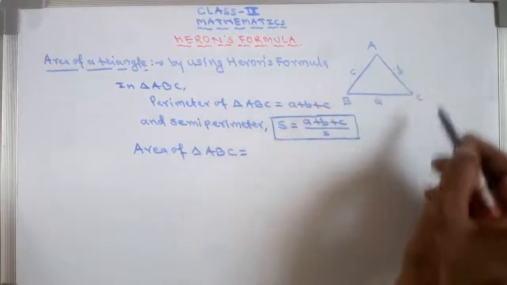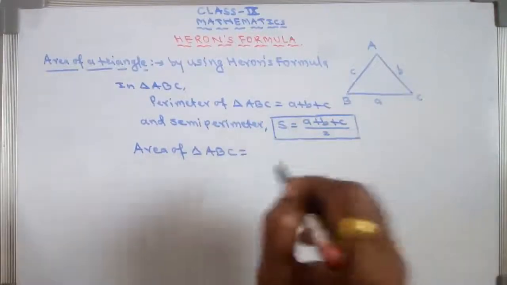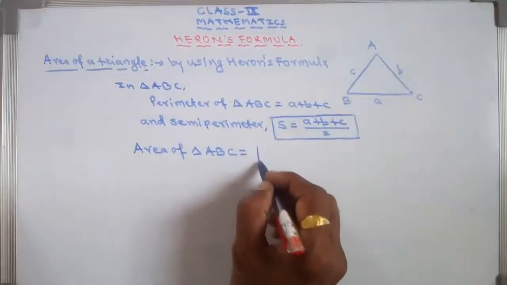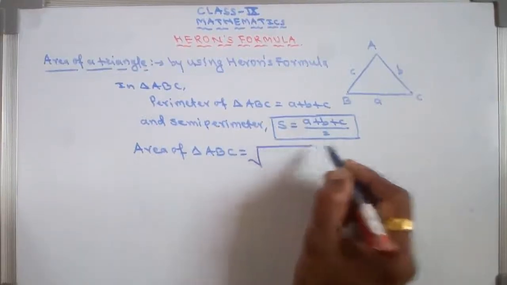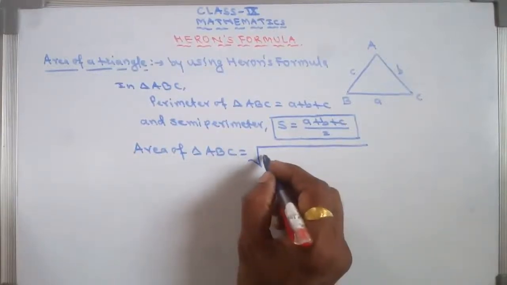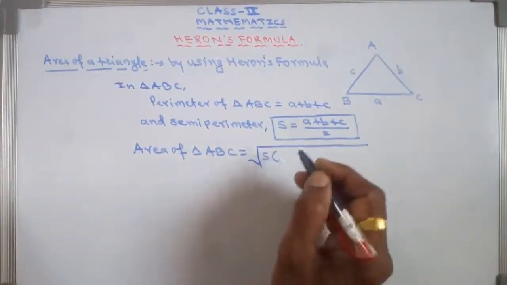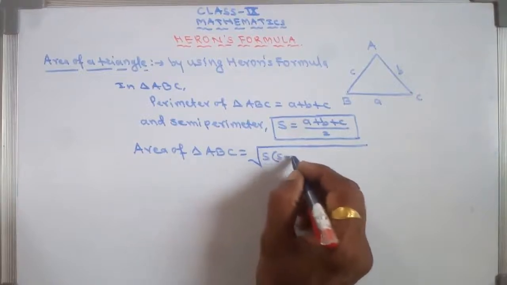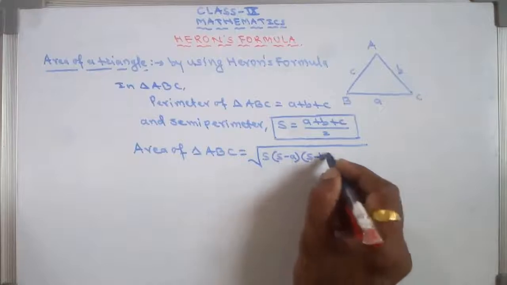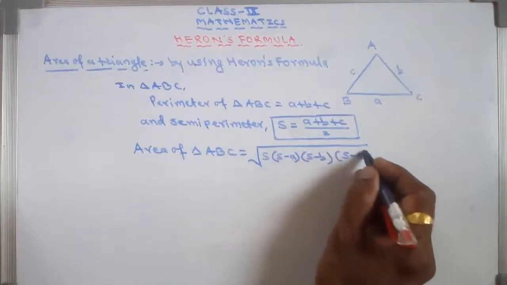Using all three sides, we can find the area of this triangle, and the area of triangle ABC is under root, according to Heron, who has given us this beautiful formula, s into (s minus a) into (s minus b) into (s minus c).